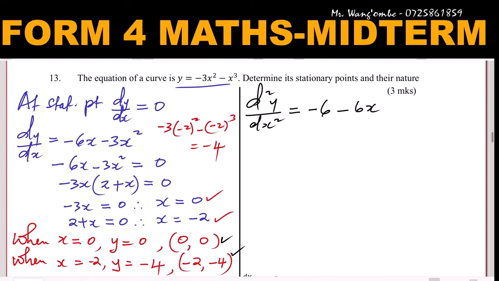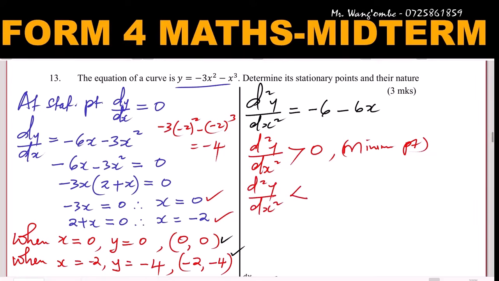So this is how we test the nature. Note this: if you find the second derivative is greater than 0, then that one will be a minimum point. If you find the second derivative is less than 0, that is a maximum point.